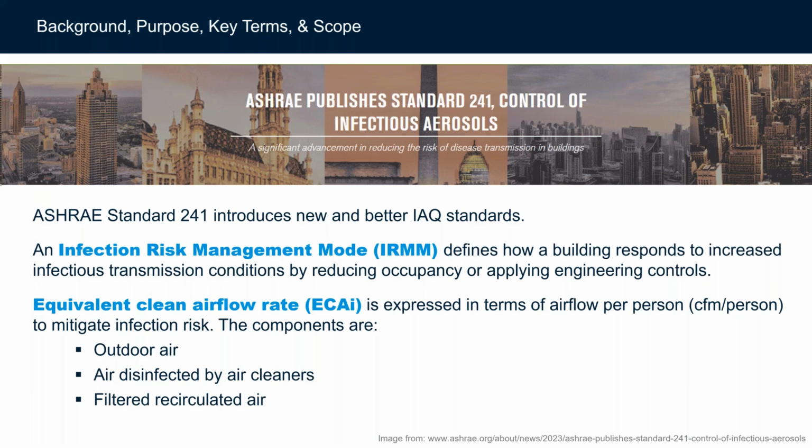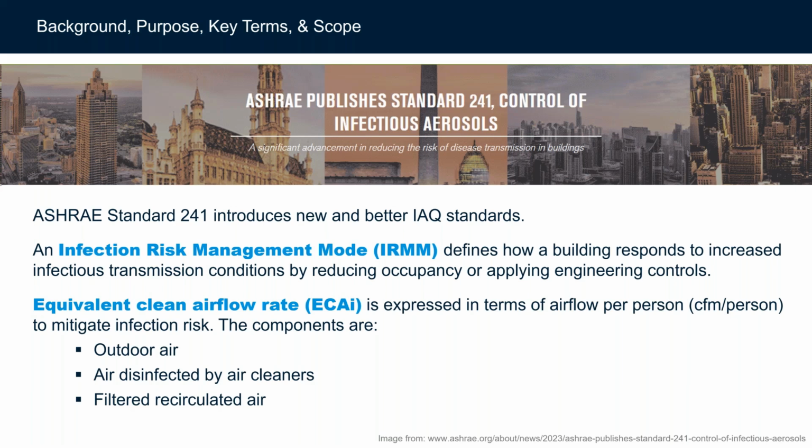What ASHRAE's done now is they've added an additional mode into the standard, which they're calling the infection risk mitigation mode or infection risk management mode. And what that is intended to do is when the authority that has jurisdiction within your area goes to your local building official or building operator and says, hey, look, there is, let's say, an outbreak in this area.